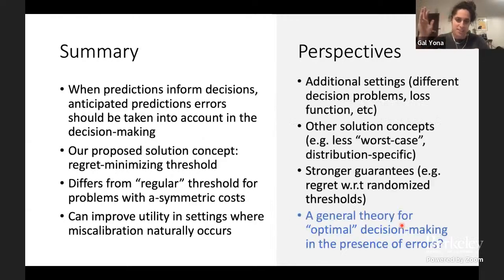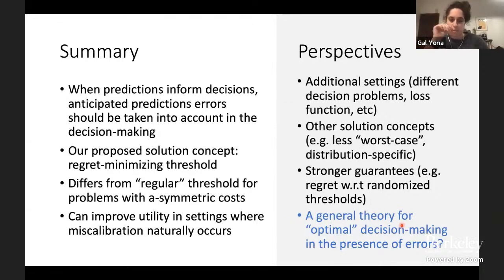In terms of perspectives and other things you could think about in this context, first of all, other settings. I've described clinical decision making, but I'm sure there are other instances. Most notably, other solution concepts.